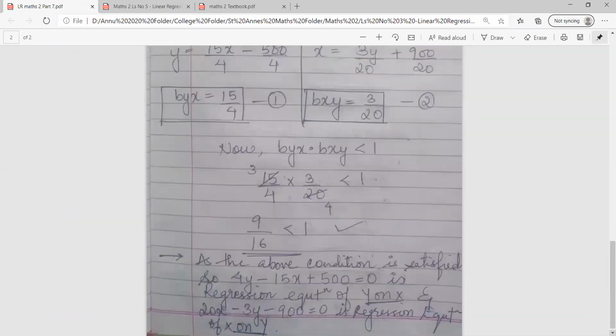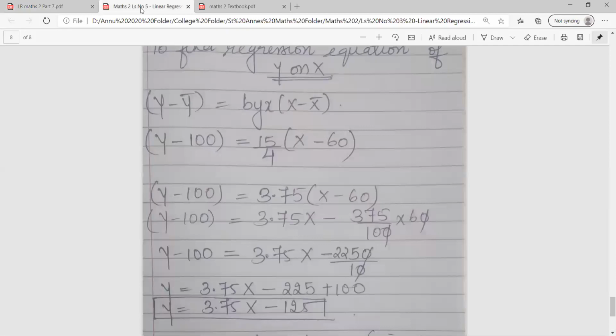That is byx into bxy should be less than 1. So I am getting the answer as 9 by 16, which is less than 1, and the condition is satisfied. So what can we say? That 4y minus 15x plus 500 is the regression equation of y on x, and 20x minus 3y minus 900 is equal to 0 is the regression equation of x on y.